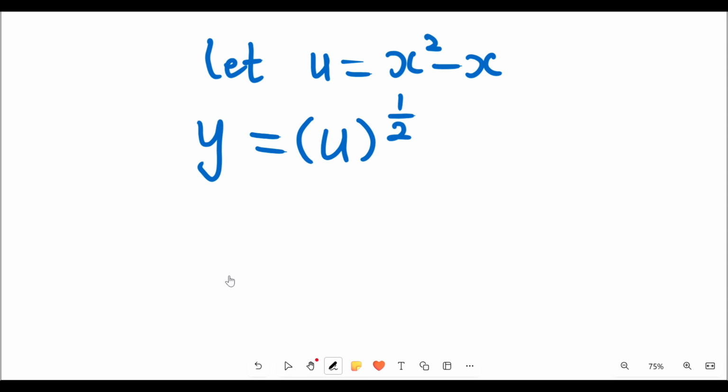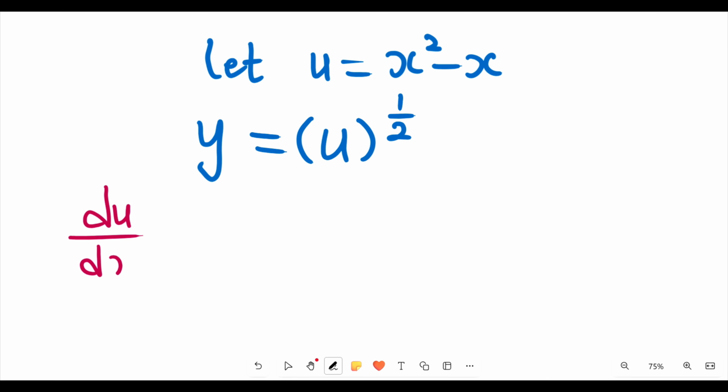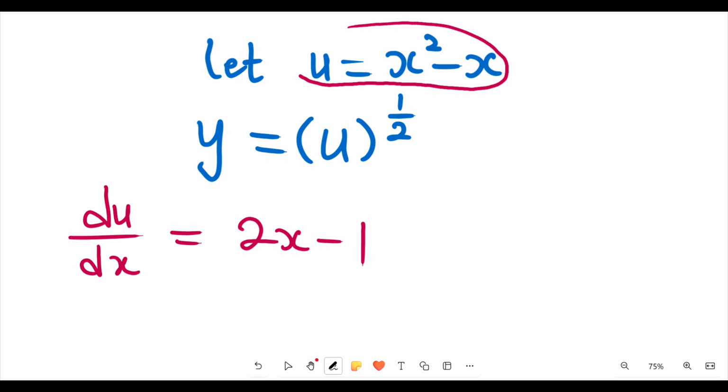So we'll be finding our du dx, that is, we are differentiating function u with respect to x, and this will give us 2x minus 1. We have used the power rule to differentiate the function u to get 2x minus 1.